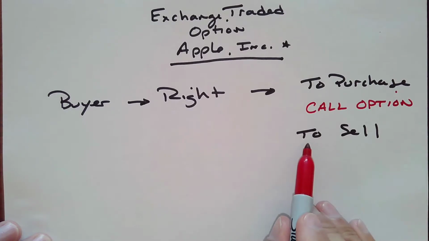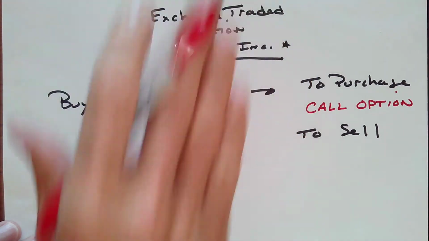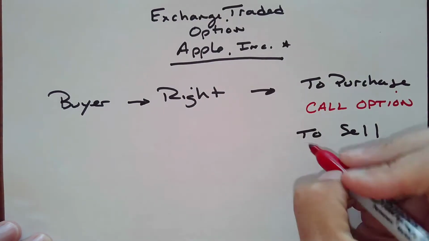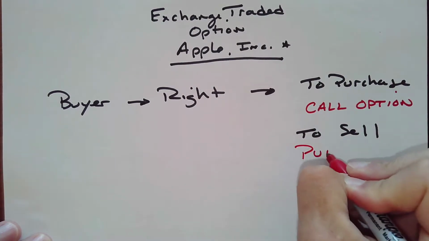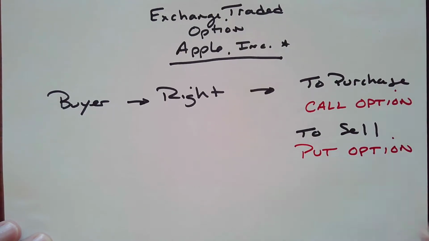If they have the right to sell, that means they have the right to put the shares, sell the shares. And so this is what's referred to as a put option. Right? So that's the buyer side.